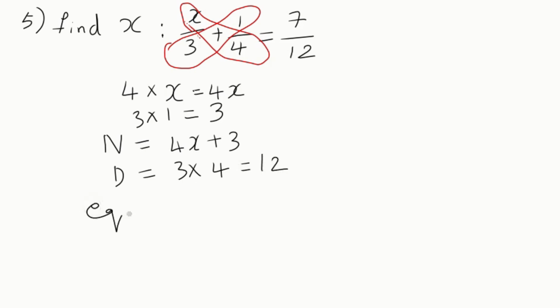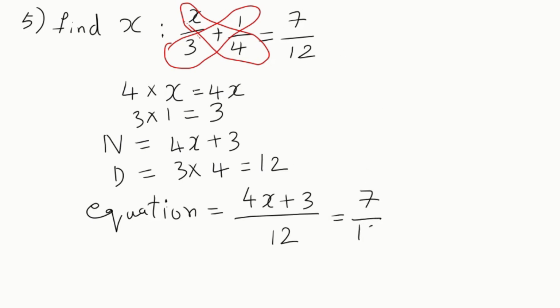So the equation is 4x plus 3 by 12 is equal to 7 by 12. Here the denominators are both equal, so we can write 4x plus 3 is equal to 7.